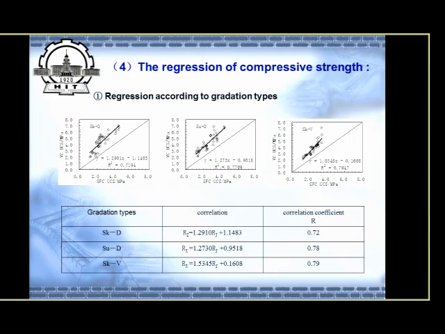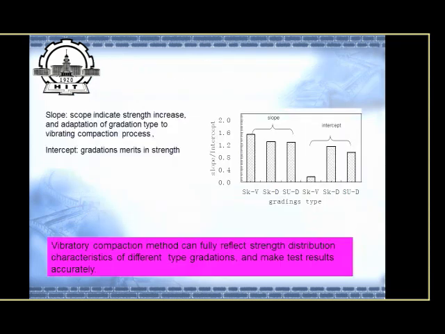This is the regression of the compressive strength according to gradation type. We can find the relationship is linear. But this figure shows the equation slope and the intercept. In this figure we can see which kind of gradation is more suitable for vibratory compaction.